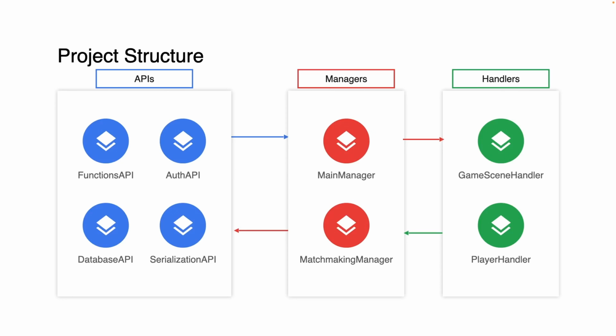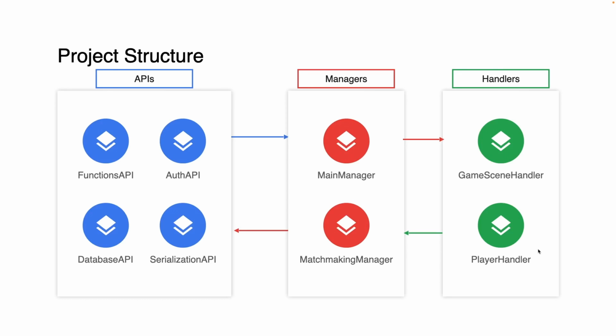So these APIs are basically the bare bone of the application, and they provide utility and helpful methods that the managers and the handlers can use. So for example, the Auth API is going to provide a method which is going to be sign in, and you give it an email and a password, and what to do after you actually signed in, and that API is going to do that.